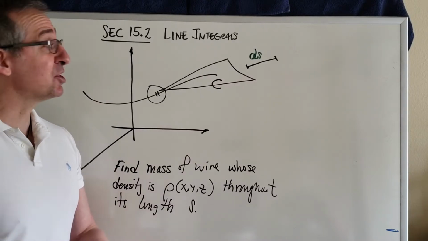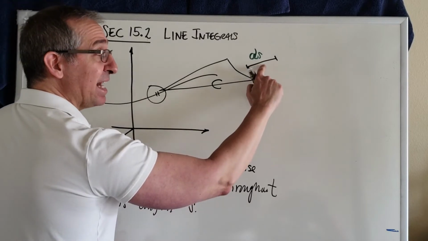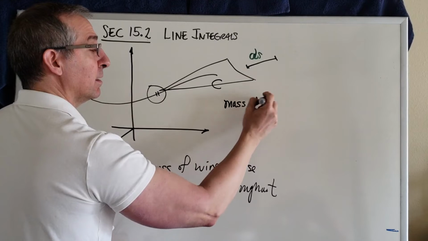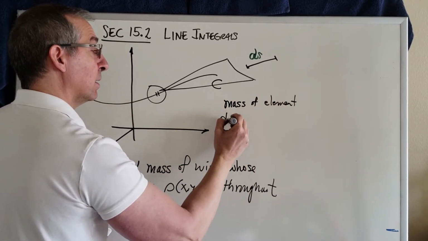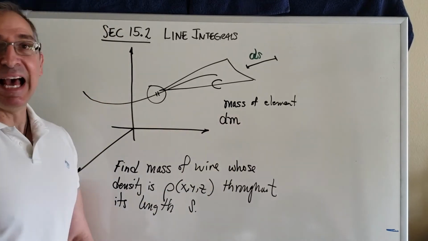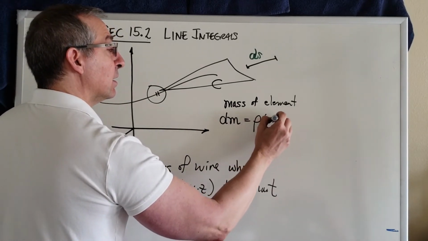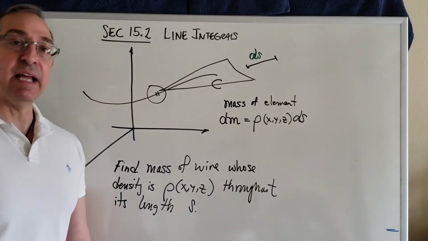It's not going to vary much. So I think we can say here then that the mass of that element, we'll call that dm, and that's going to equal the density times the length, okay?